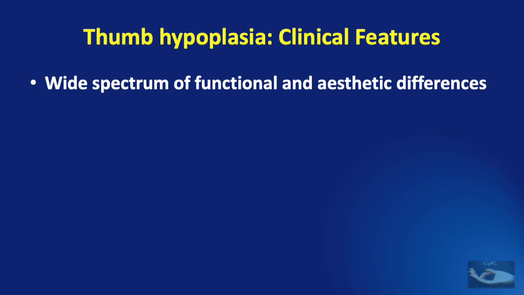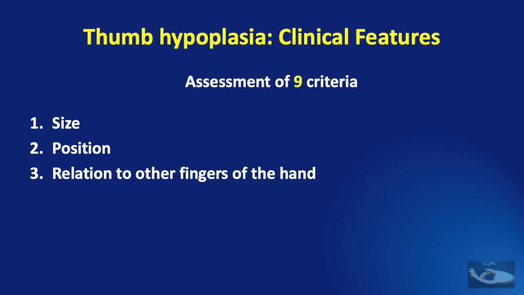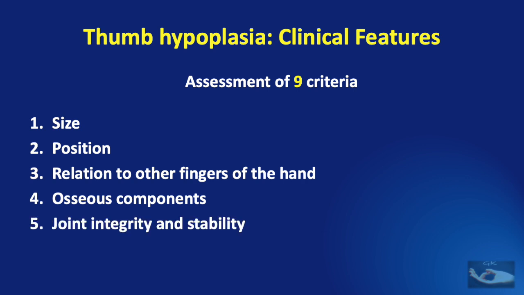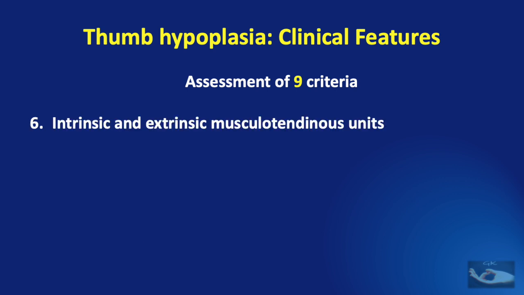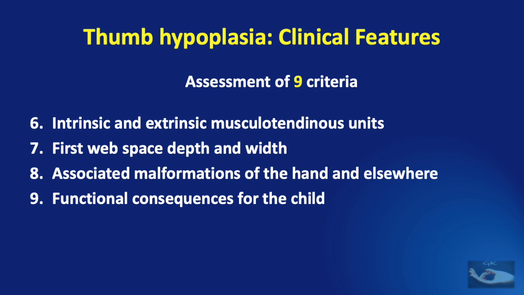So, with thumb hypoplasia, we have seen a wide spectrum of functional and aesthetic differences. So, when assessing such thumbs, we need to consider nine criteria: the size of the thumb, the position of the thumb, the relation to other fingers of the hand, the osseous components that are present, and joint integrity and stability of all the joints of the thumb, the intrinsic and extrinsic musculotendinous units, the first web space depth and width, associated malformations of the hand and elsewhere, and functional consequences for the child.